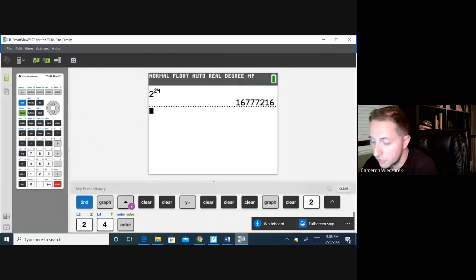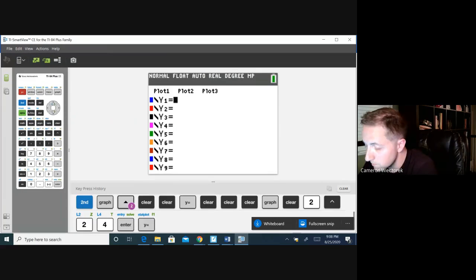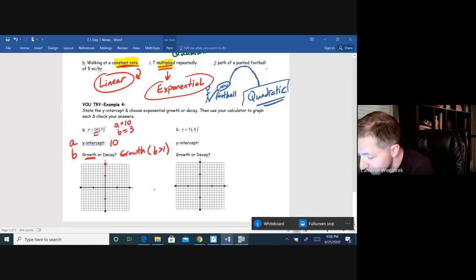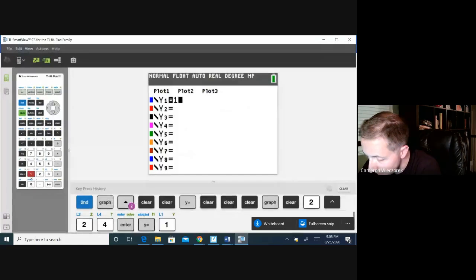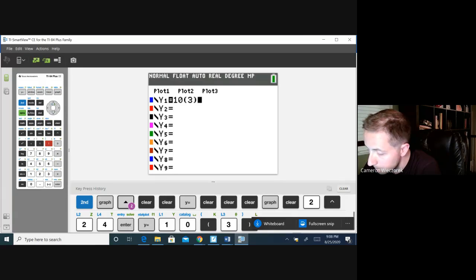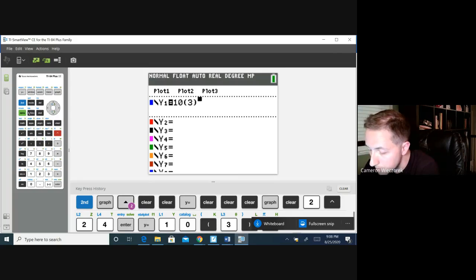So I go to the home screen, I go to Y=, and I'm going to type in the equation. 10, as I see it, open parenthesis, 3, close parenthesis. And if I want to raise it to the power of x, you have to hit the little upside down V button. That's the exponent button in the right column. And then x is located right next to the word alpha in the second column. So right where my cursor is hovering. So make sure you have that on your screen.